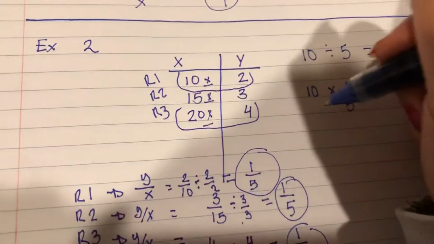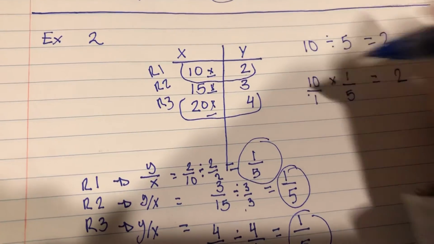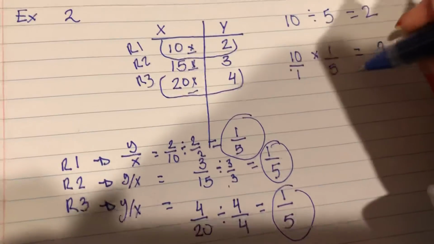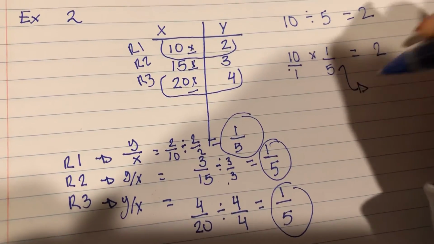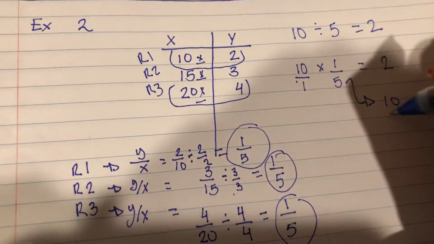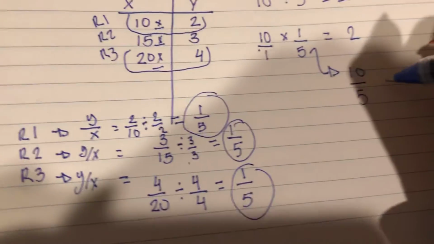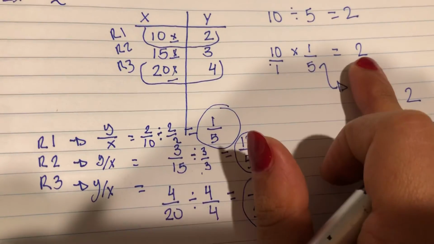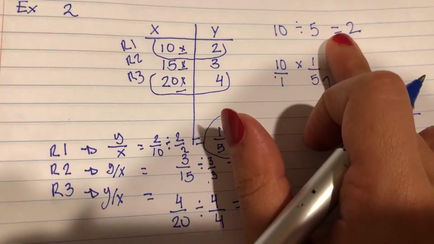Just so you are clear, when I multiply fractions, 10 times 1 is 10, 1 times 5 is 5, and 10 divided by 5 is 2. So 1/5 of 10 is 2.